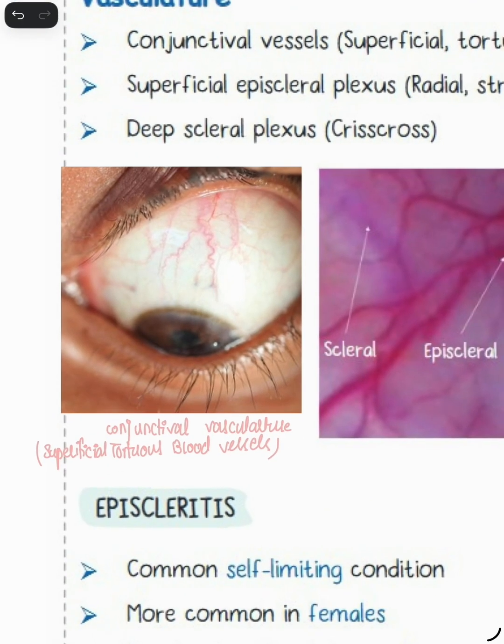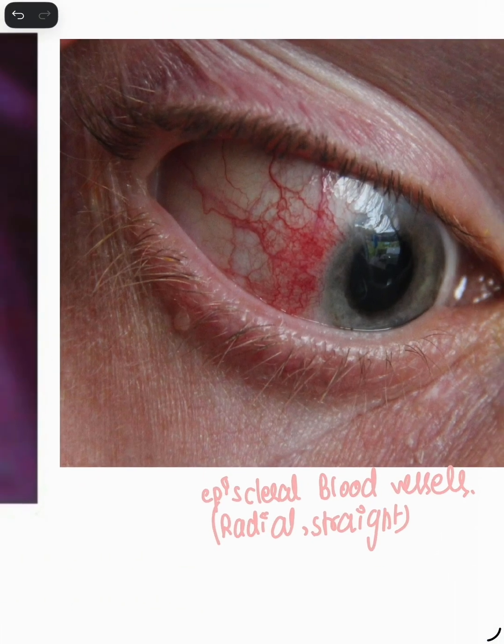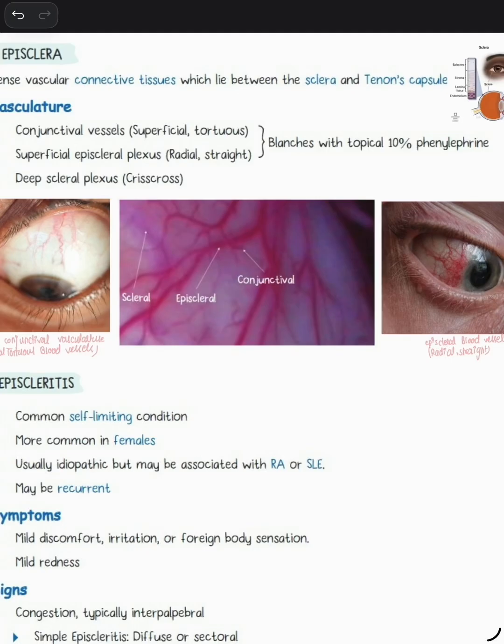Another way to differentiate is that the conjunctival blood vessels and the superficial episcleral plexus blanch with topical 10% phenylephrine.